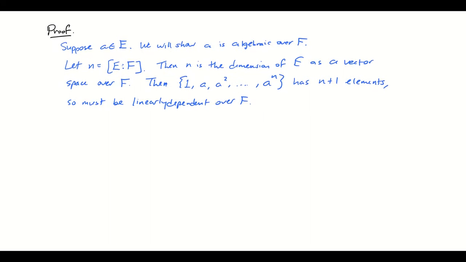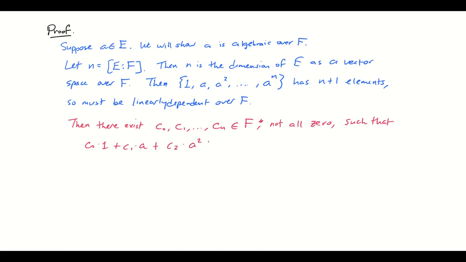Okay, so because this set is linearly dependent over F, that must mean there exist elements C0, C1, up through Cn belonging to F, and let's say they're not all zero, such that C0 times 1 plus C1 times A plus C2 times A squared, etc., up through Cn A to the N is equal to 0.